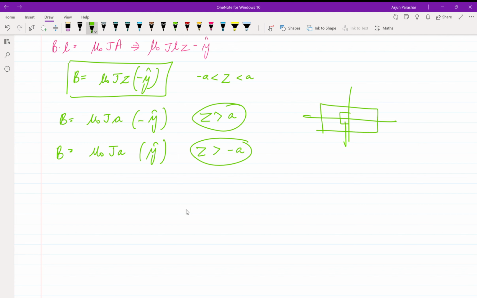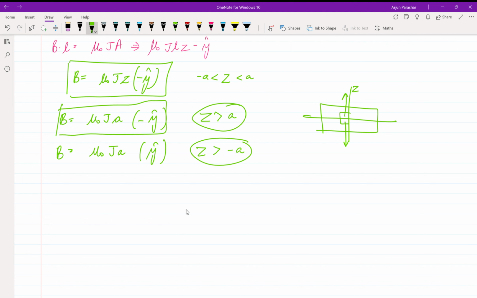If it goes downside, we will get plus A because of the opposite direction, and if we are going above towards positive Z, then we'll get minus.